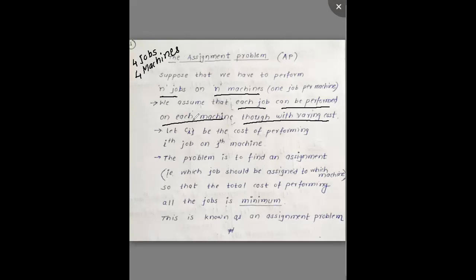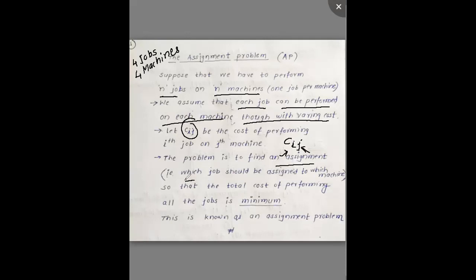Let Cij denote the cost of performing ith job on jth machine. This C means cost of performing ith job on jth machine. The problem is to find an assignment. What is an assignment?